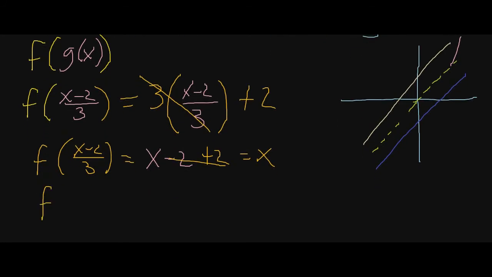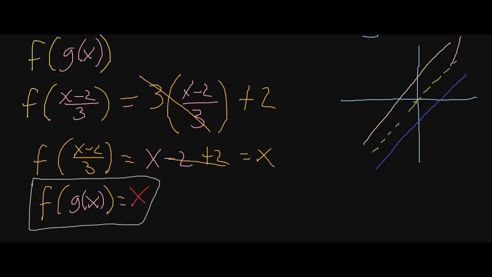So when we plugged in g of x into our function, we just get x. All right, so that's one part of it. Remember, I told you this is my original function right here, this graph that I drew.